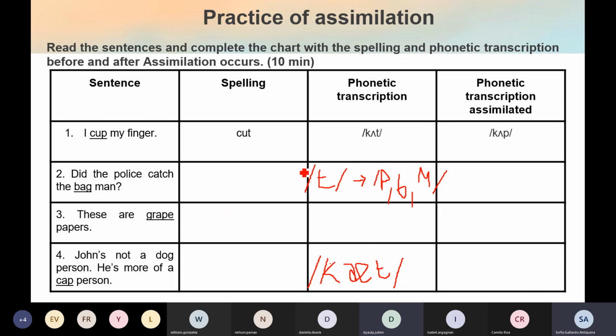In the example that I wrote, the sound changes to b, but in the example that you did, Jolie, the t sound changes to p. Okay, is it clear? Yes.